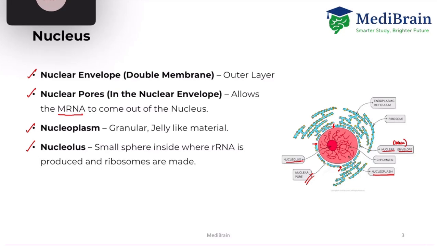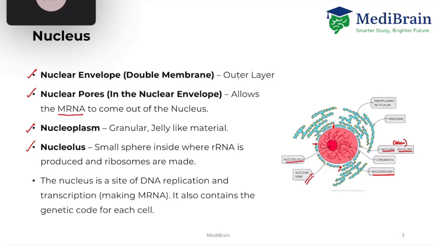You also need to know the function, which you will already know. The function of the nucleus is that it's a site of DNA replication and transcription. Again, transcription just means making mRNA, which we come across later, but you already know that it's a site of DNA replication. And it also contains the genetic code for the cell. It acts as the brain of the cell.